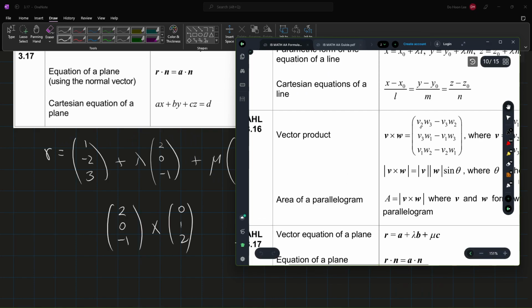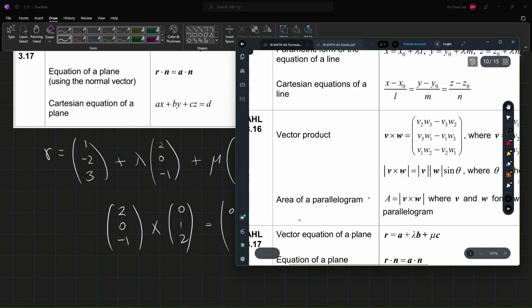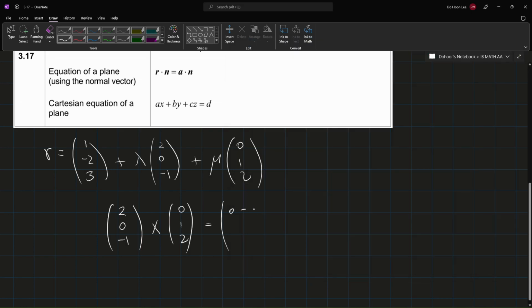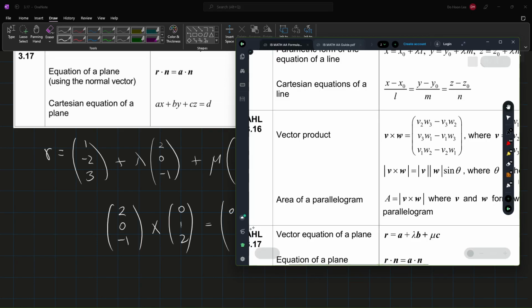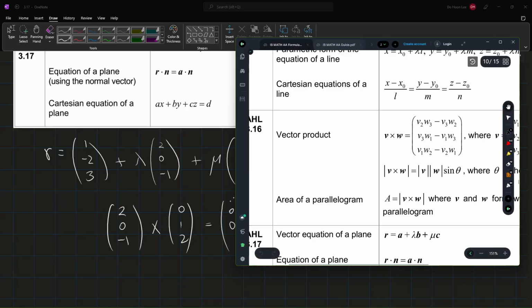First, v2 w3, which is 0 times 2, so it'll be 0. And then v3 times w2 will be -1 times 1, so it'll be -1. v3 times w1 is -1 times 0, so it's 0. And then v1 times w3 would be 2 times 2, so 4.